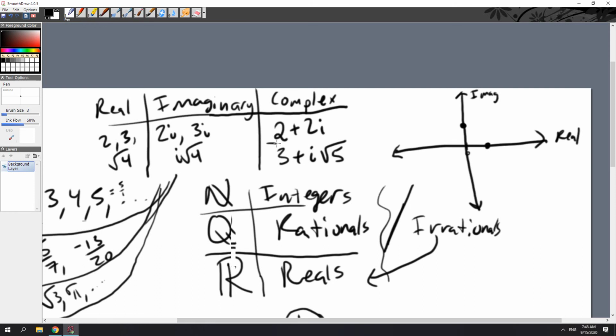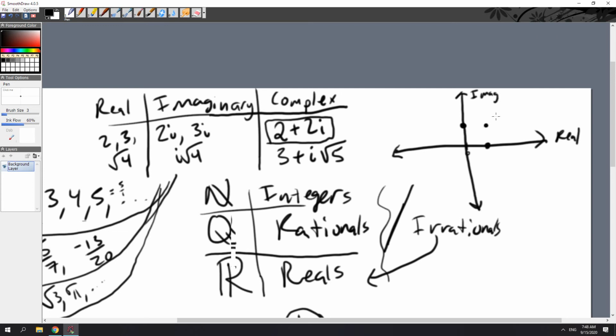If I wanted to plot 2 plus 2i, a complex number, well, it's not on the real number line because it has an imaginary component. It's not on the imaginary number line because it has a real component. Instead, it's right here. So there is no complex number line. Instead, we get a plane, where the x coordinate is the real number and the y coordinate is the imaginary number.